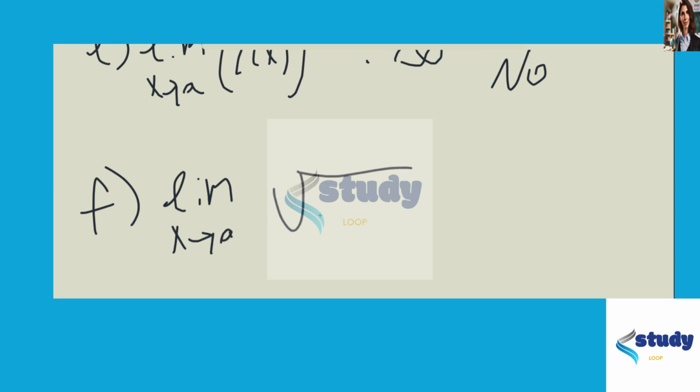And lastly, we have the qth root of p of x. We take the limit, part F, the limit as x approaches a of the q of x root of p of x.